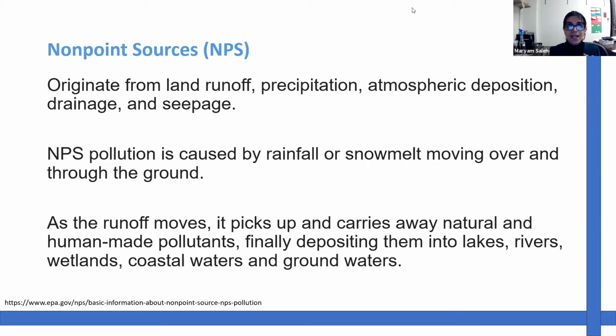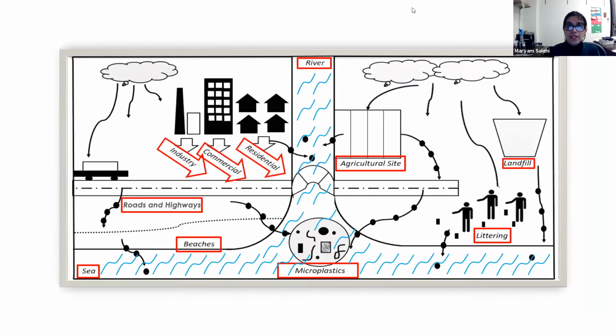The problem with non-point source pollutants is that it's difficult to control them because we don't know exactly where the source is. So you see here, for example, we have the residential area, the commercial area, industry, vehicles, the road, and the contaminants that are released around the road.